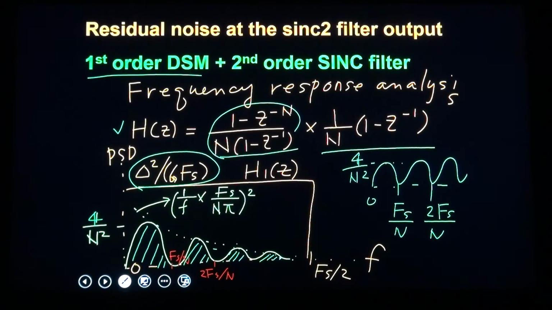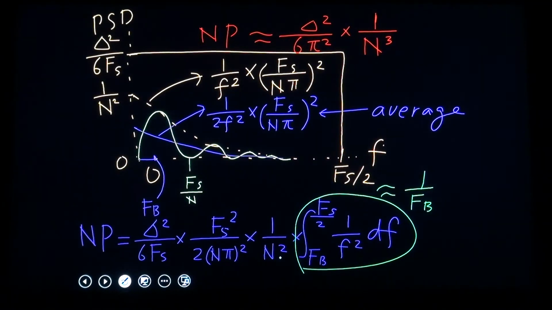This is again 4 over n squared. So we want to average this one. This is the power spectral density of quantization noise at the delta sigma modulator input, and we want to approximate this from averaging, and then 1 over n squared over 4, and then FB. This integration of f squared over df is close to 1 over FB.